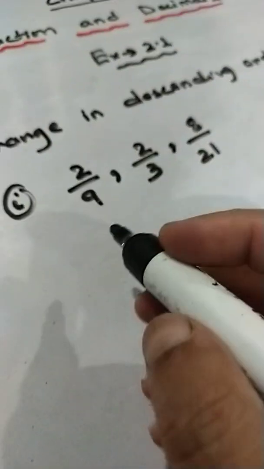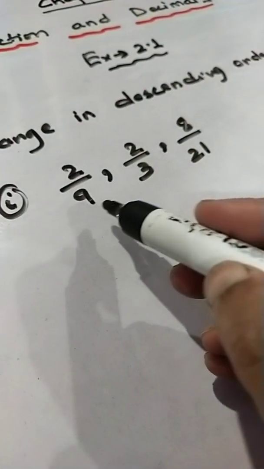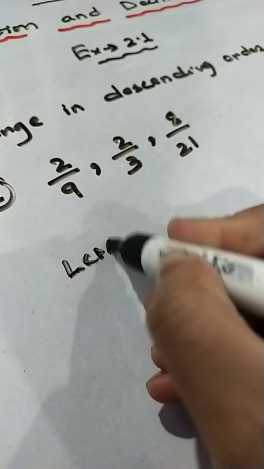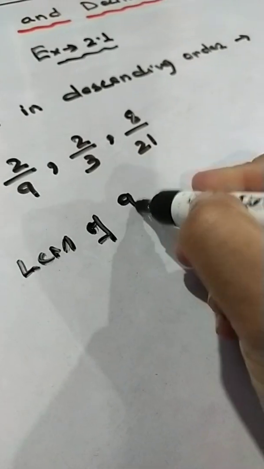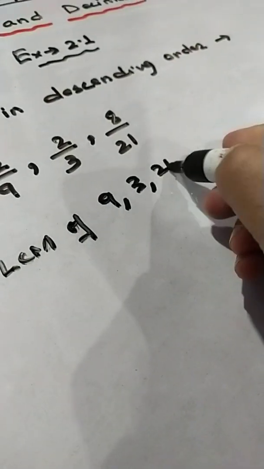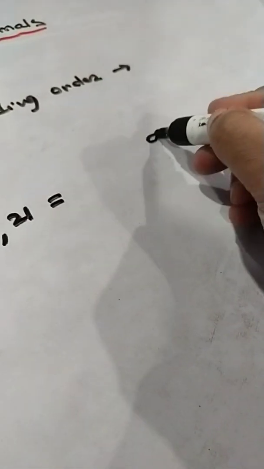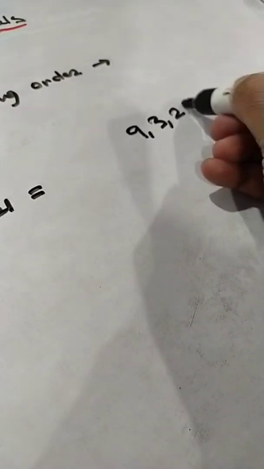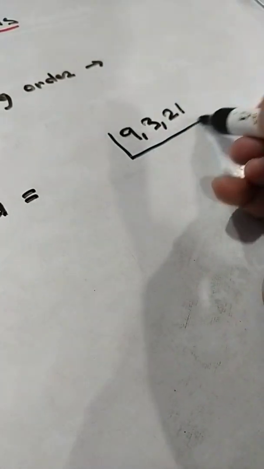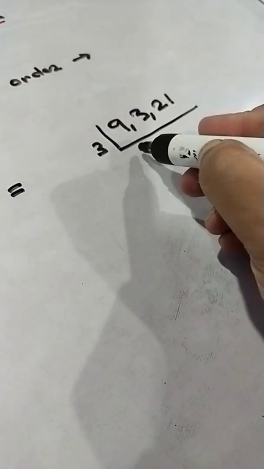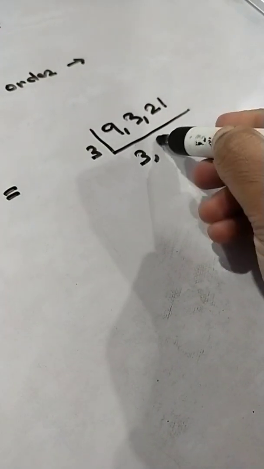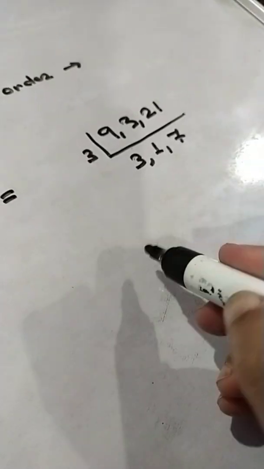For that, the first thing we have to do is get the LCM of all the denominators. So we'll write the LCM of 9, 3, 21. You can take the help of rough work this way. The smallest prime number we can use is 3. 3 3s are 9, 3 1s are 3, 3 7s are 21.